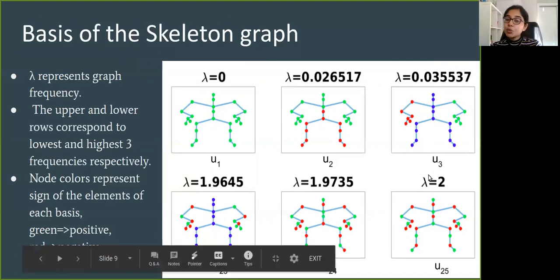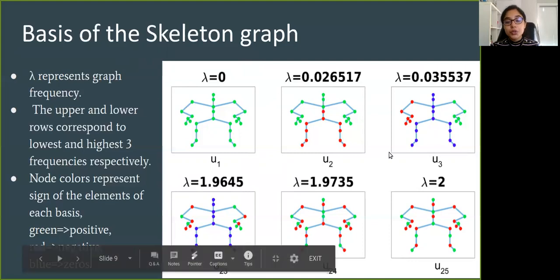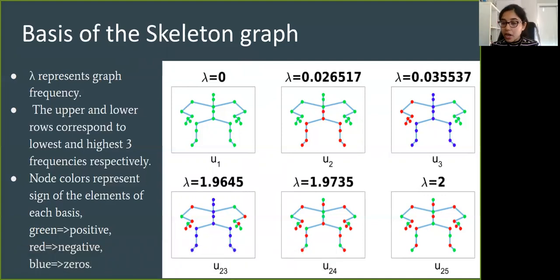But as we increase the graph frequencies, let's talk about this frequency, which is lambda equals 2, basically captures the variation of the consecutive joints. So thus we can say that these graph Fourier bases are interpretable, and according to our need, we can change our graph and capture the necessary information.